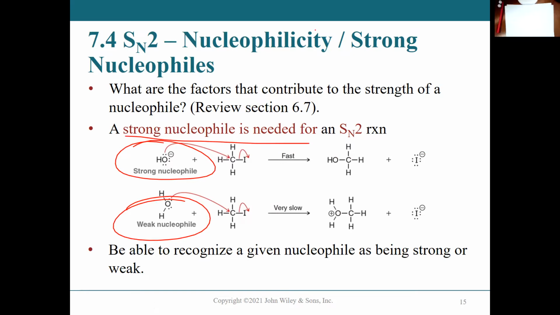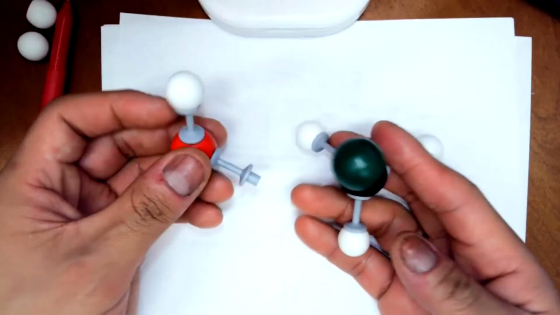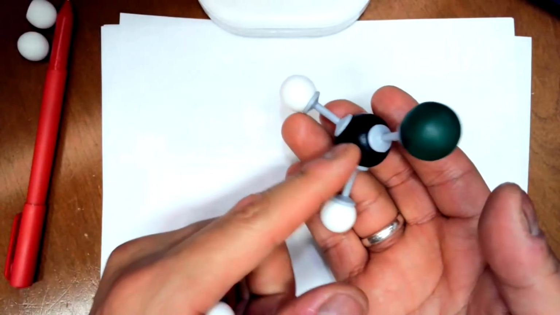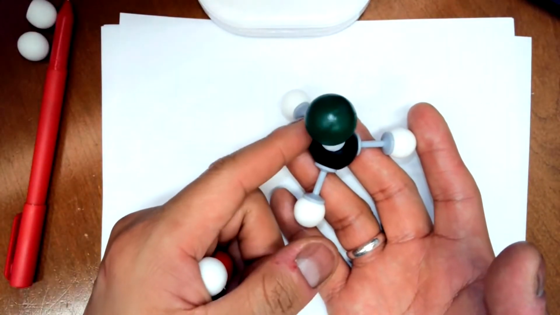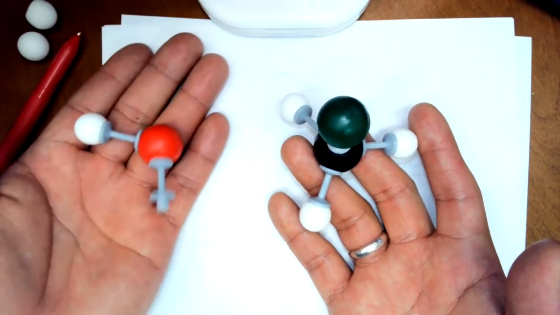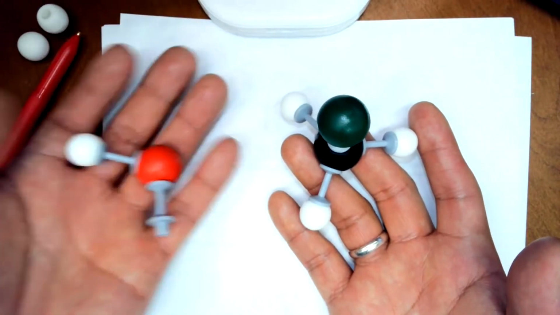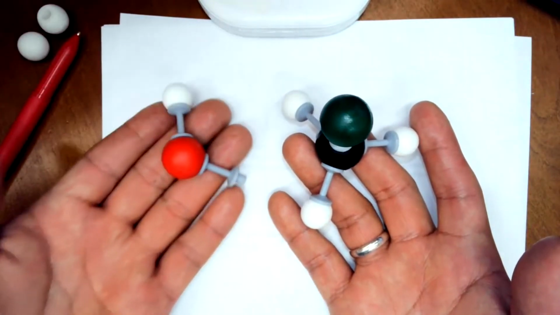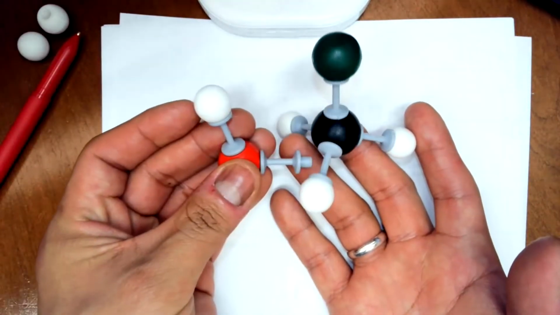Let's go to the models again. A strong nucleophile is needed. Why? Because remember that this carbon has only a delta plus. So a nucleophile that is strong, that has a charge, that has a lot of electrons available, has to be ready to attack. Why?